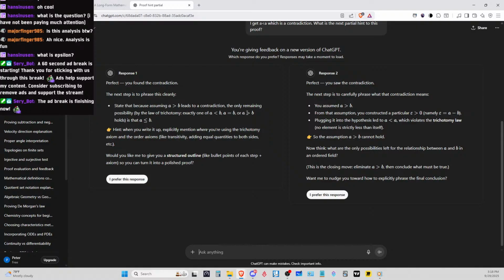And when you write it up, explicitly mention where you're using the next step is to carefully phrase the contradiction you assume from the assumption you constructed another particular epsilon.